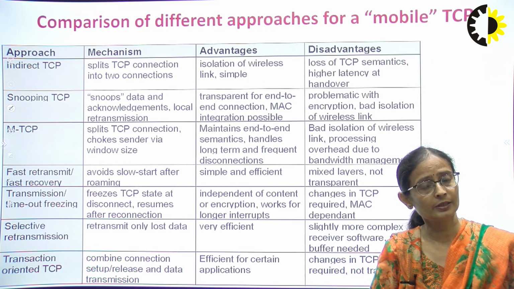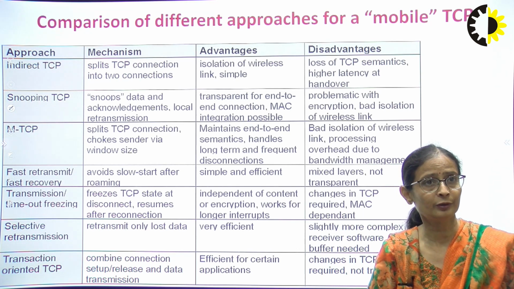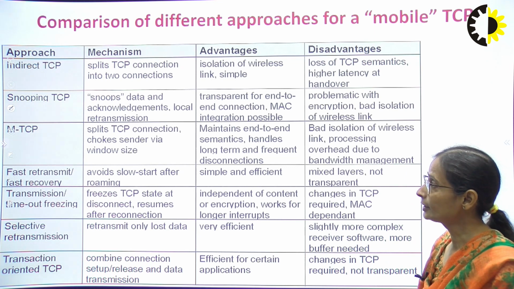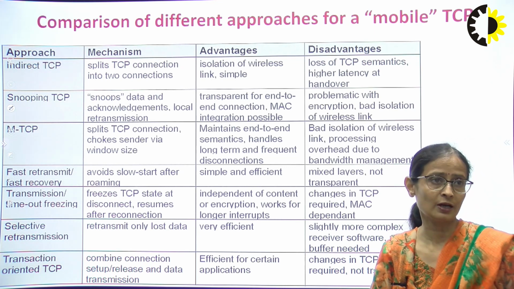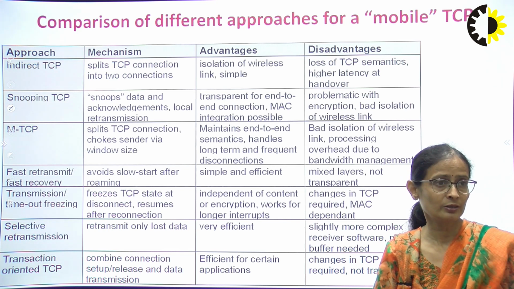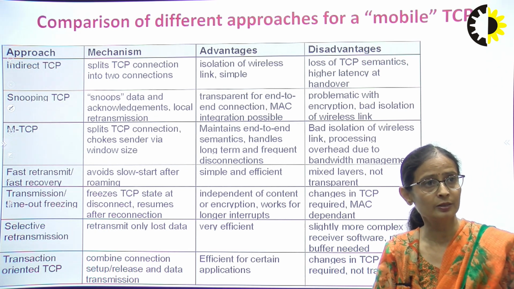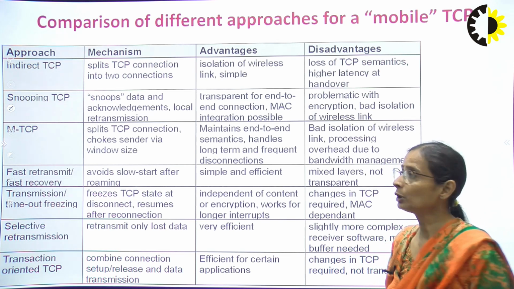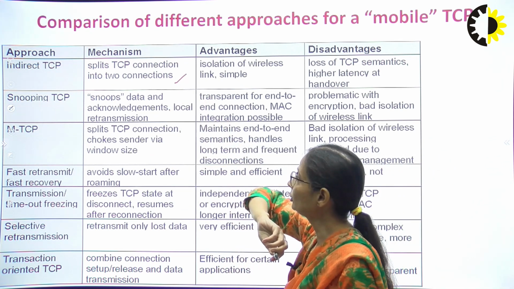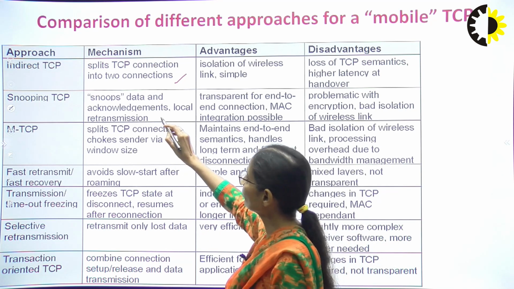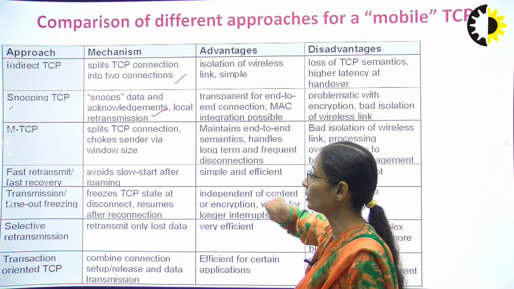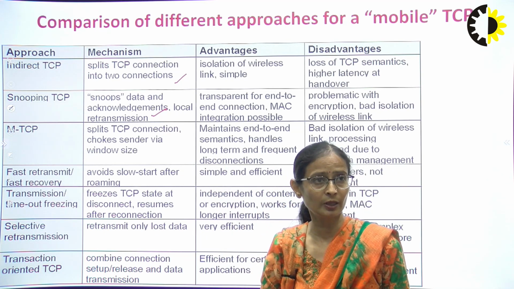This table is basically showing the comparison of different approaches for mobile TCP, that is indirect TCP, snooping, M-TCP, fast retransmit, transmission freezing, selective retransmission, and transaction oriented, that is the T/TCP protocol. When we talk about the mechanism of indirect TCP, it splits the TCP connection into two connections. In the case of snooping TCP, it snoops the data and acknowledgements and local retransmission is done here.